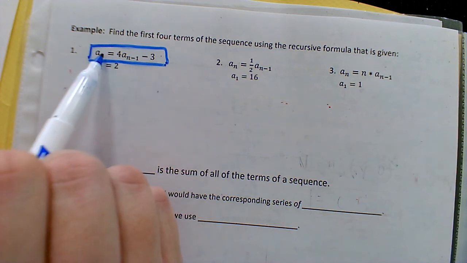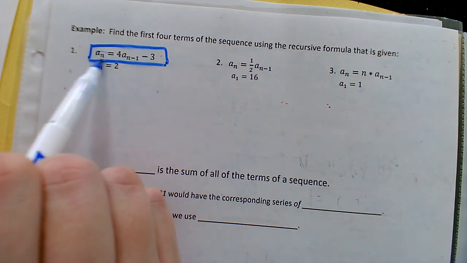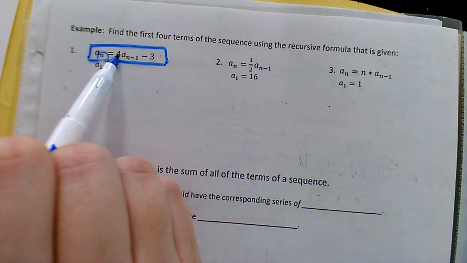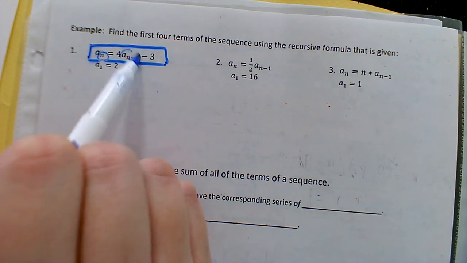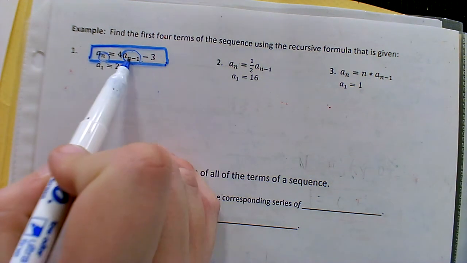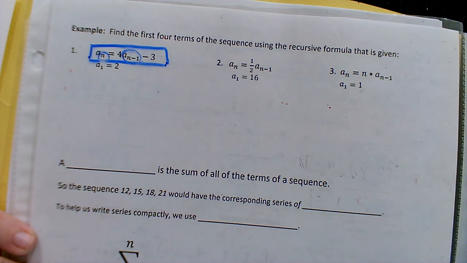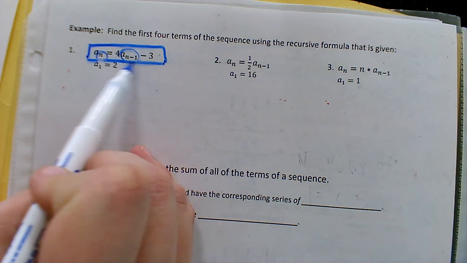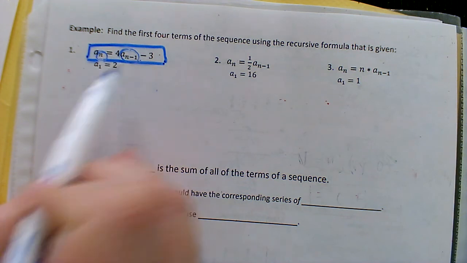So if you're trying to figure out, for instance, the 5th term, if you want n to be 5, you have to do 4 times the 4th term minus 3. Does that make sense? The one before it. If you did 5 minus 1, you get the 4 for the 4th term. But in order for you to know the 4th term, you had to do 4 times the 3rd term minus 3.